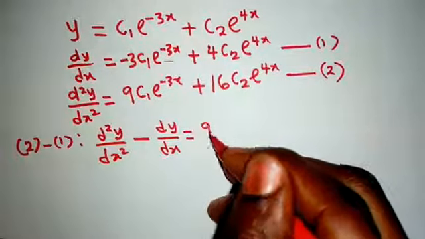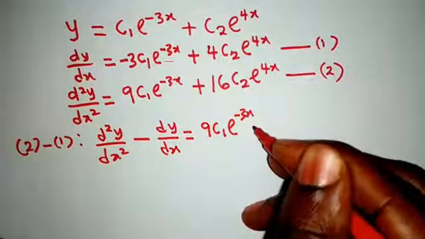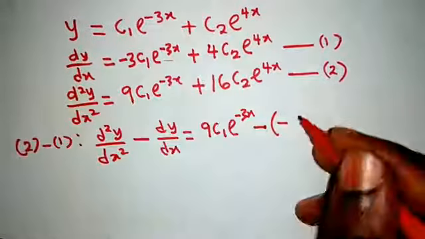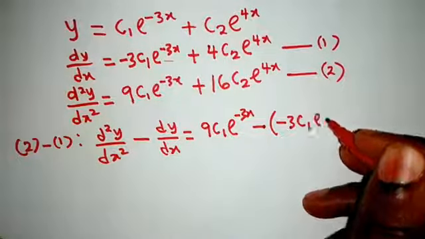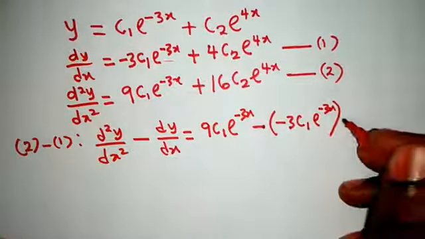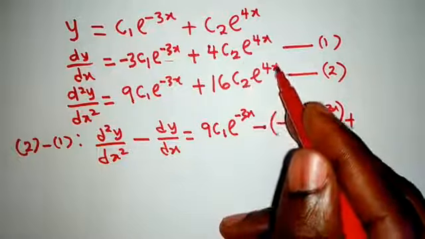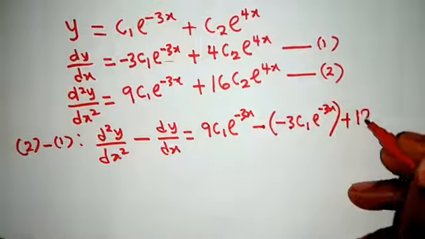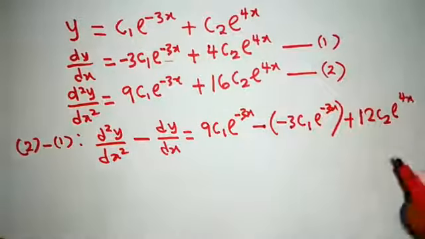So we have 9c1 e to the minus 3x minus 3c1 e to the minus 3x, plus, now if we subtract 16c2 e to the 4x minus 4c2 e to the 4x, that gives us 12c2 e to the 4x.